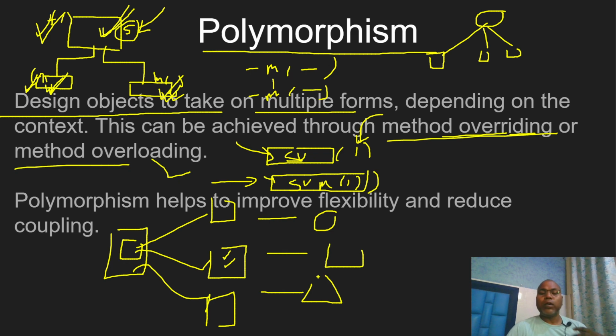So overriding means defining a method with the same name and same input parameters in a subclass, whereas defining the same method name with different input parameters is known as overloading.